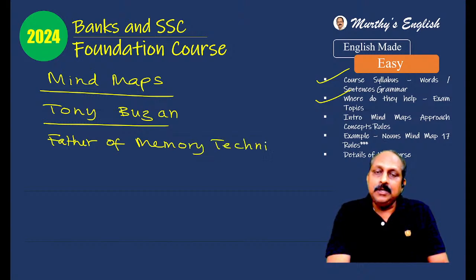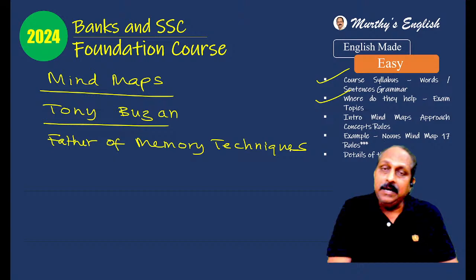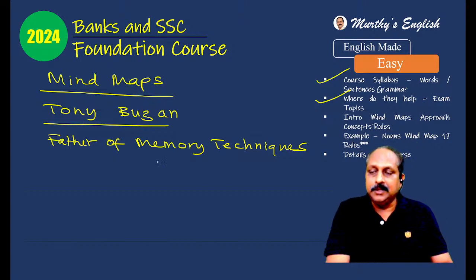If you go to Western countries, the big companies, corporate giants, they conduct workshops for employees on communication skills, professional skills, memory techniques, time management, stress management, problem solving ability, leadership qualities, all these things. One of the sessions, memory techniques.